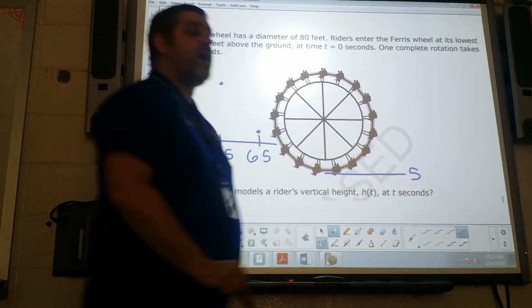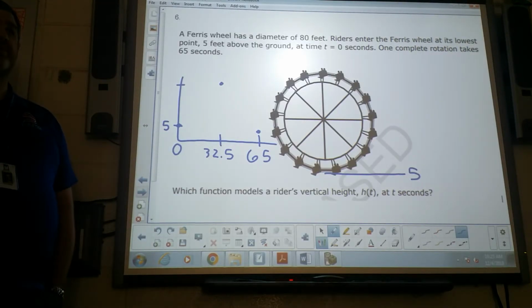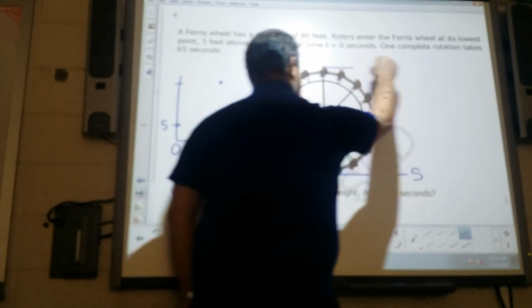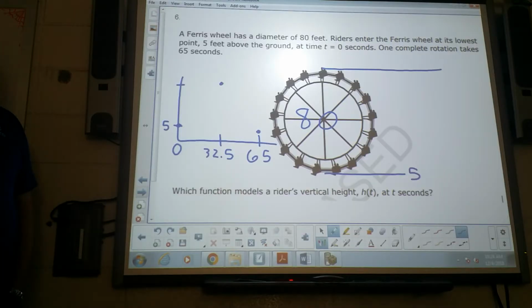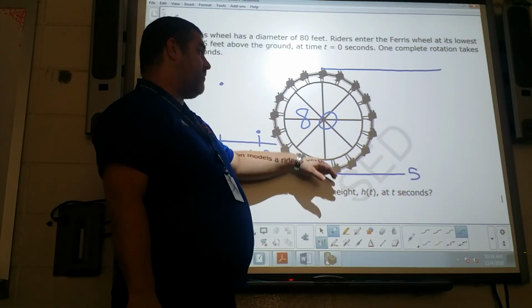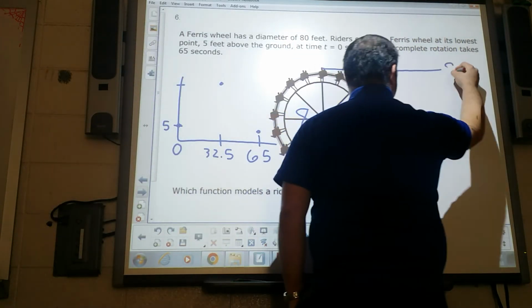Now, here's the thing. The bottom of our Ferris wheel is 5 feet. How tall is our Ferris wheel? So where would the top of our Ferris wheel be? Up there. Started at 5, we went up 80, so we ended up at 85.